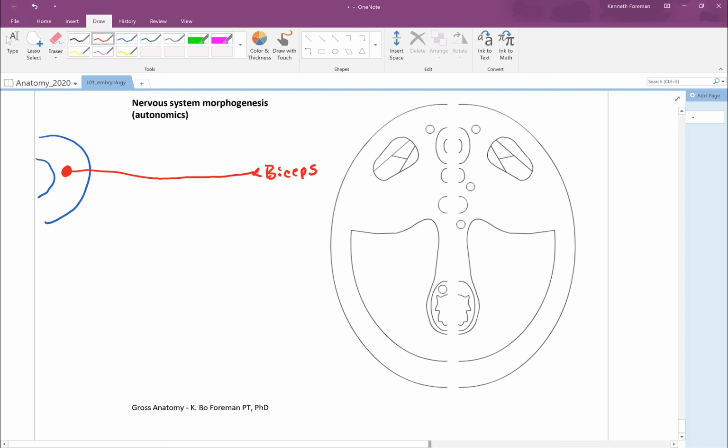There's one neuron and one axon. Now, I realize there's thousands of them going to the biceps, right? But we're drawing it as a single one. But realize that from neuron to muscle, neuronal cell body to muscle, there's no break. There's no additional communication. Okay? So that's for voluntary motor.